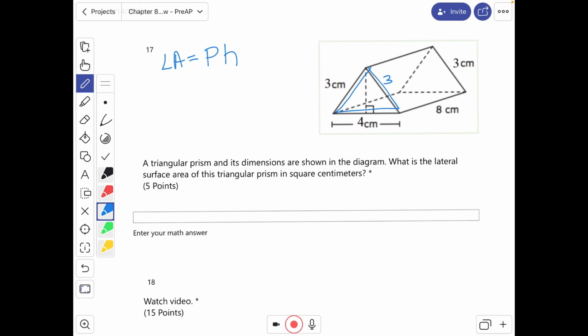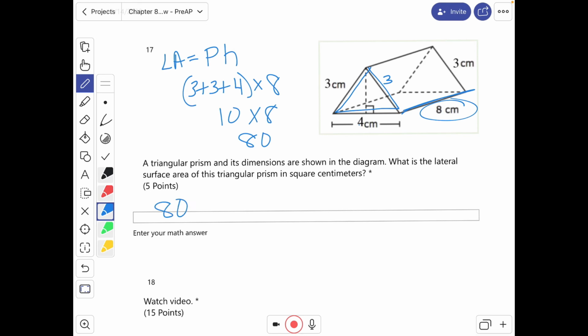So this side's 3, and this side's 3, and that side's 4. So 3 plus 3 plus 4, all times the height of the prism, which is 8. 3 plus 3 is 6, 6 plus 4 is 10, and 10 times 8 is 80. So the lateral surface area is 80 centimeters squared.